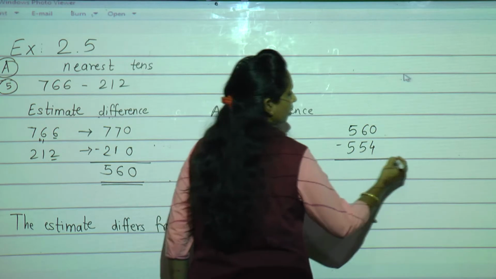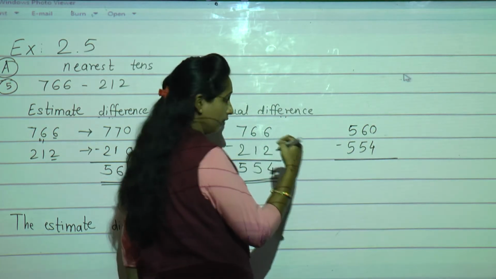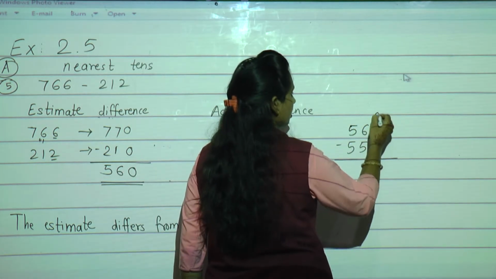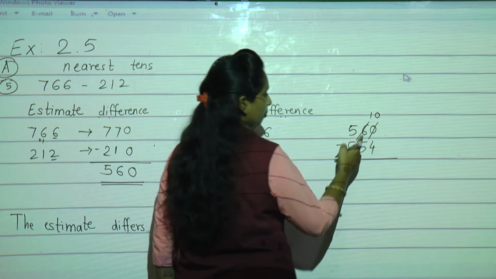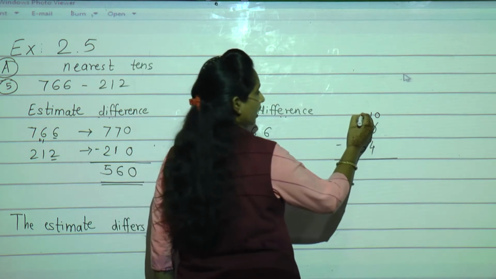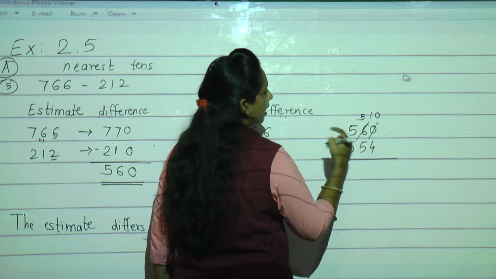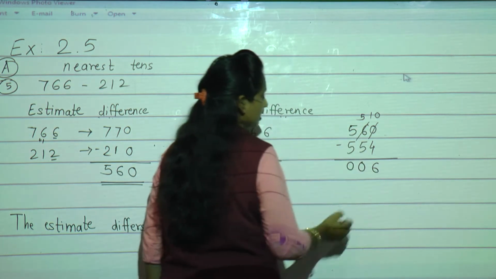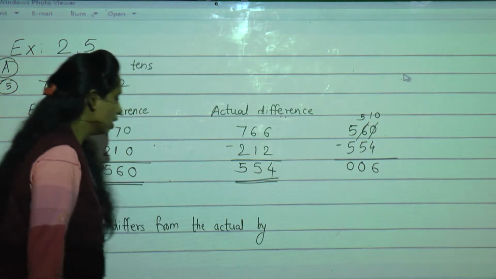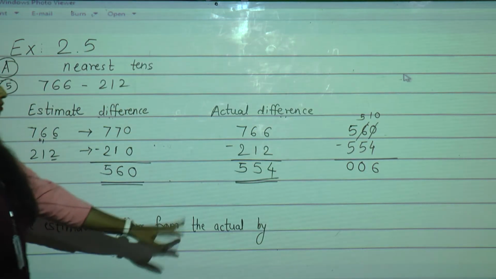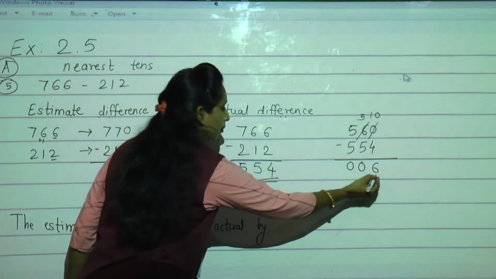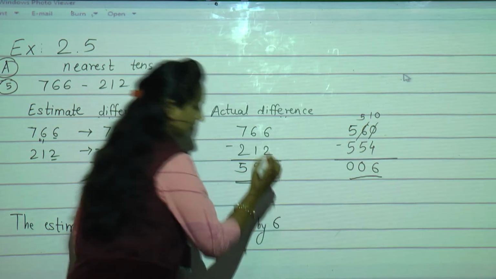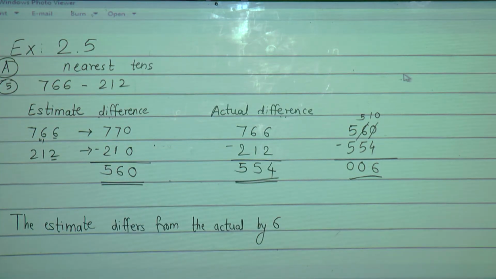Okay. Now 0 minus 4 can be? We cannot. So cut the 0, write as it is, take borrow from neighbor. Neighbor is having 6. He will give 1, 5 will remain. 10 minus 4 is 6. 5 minus 5, 0 and 0. 5 minus 5, 0. So the estimate differs from the actual by how much? 6. Got it? Clear till here?